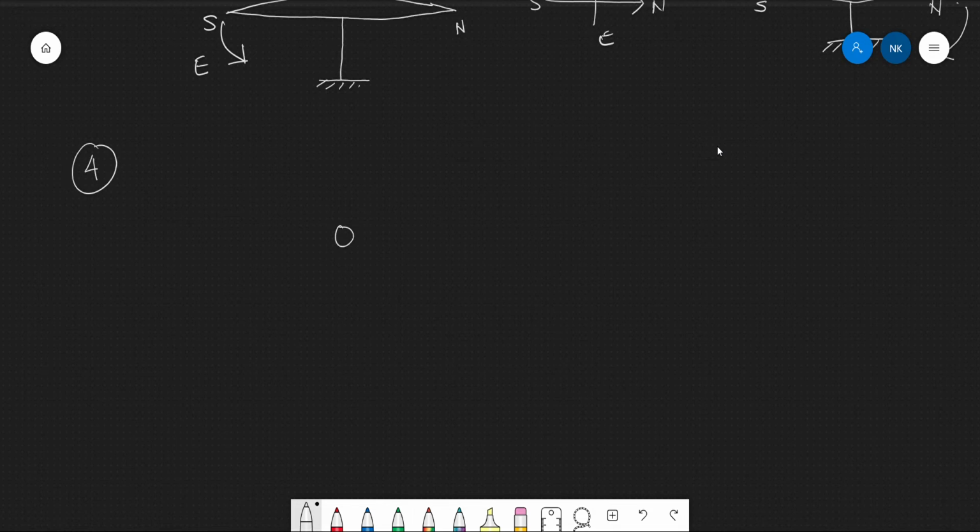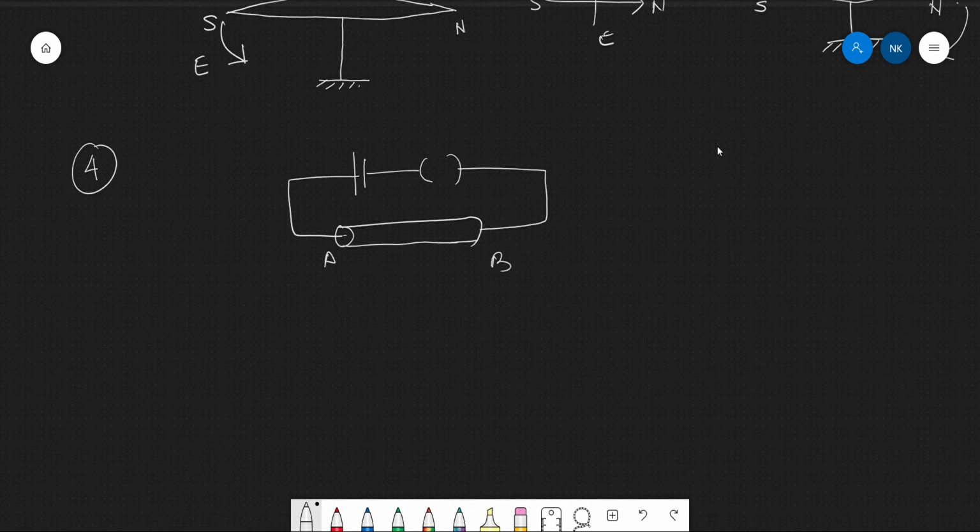The fourth experimental observation: the setup is same as that of the first one. Compass needle, south, north, east, west. The alignment has to be like this, obviously.